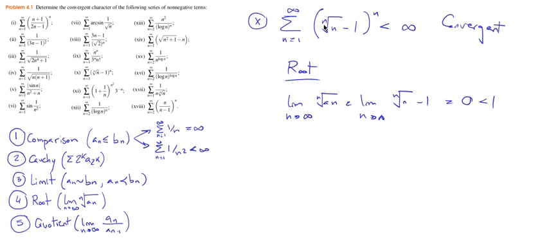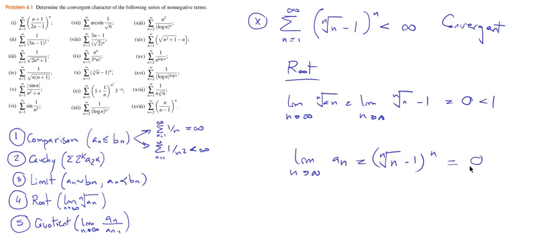So it's important to remember that, for instance, it appears a lot in exams. You could compute the limit of a sub n, and this should go to 0, right?